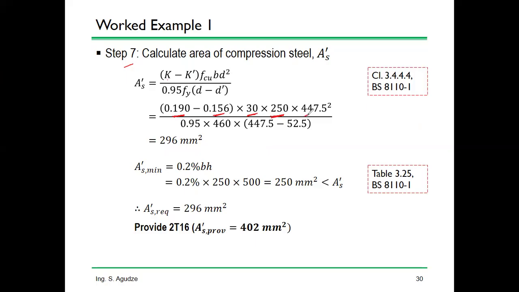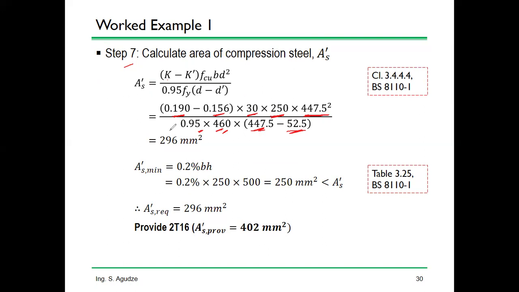The effective depth is 447.5. Remember, it's squared. And 0.95 is a factor for the reinforcement steel, and the yield characteristic strength of the steel. And then you have the D, effective depth, minus the D prime.